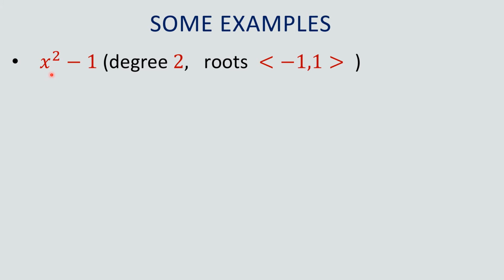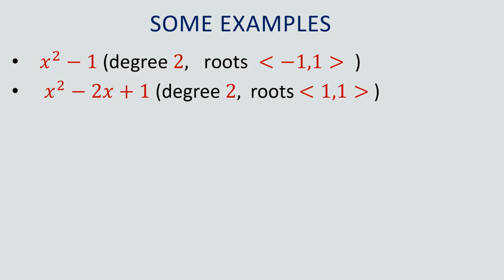If we set x to the value -1, we square that, then we get the value +1, we subtract 1, and the outcome is a value 0. The same thing happens if we evaluate that polynomial at the point x equals +1. +1 squared is again 1. We subtract 1 from that, and again we get the outcome 0.